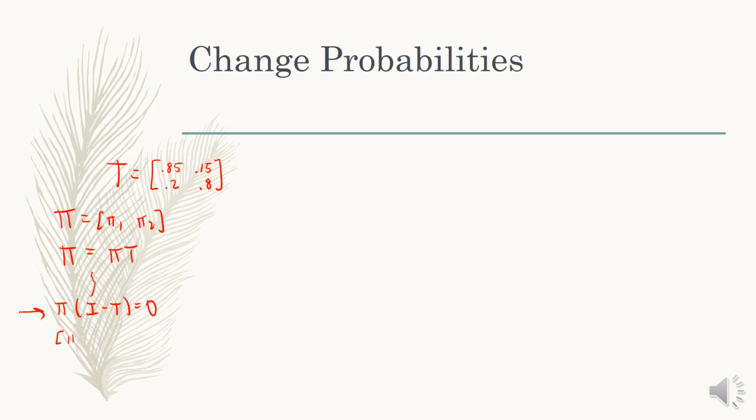So pi 1, pi 2 times, and let's see, what is I minus t? Keep in mind that I is your identity. So if I do I minus t, it looks like I get 0.15, negative 0.15, negative 0.2, and 0.2.